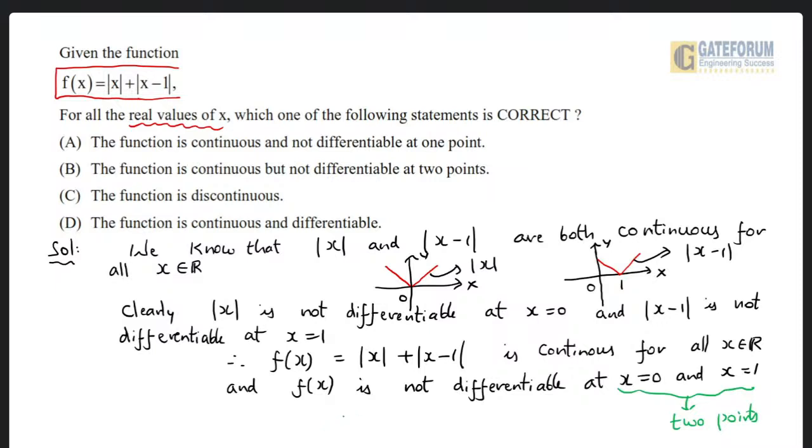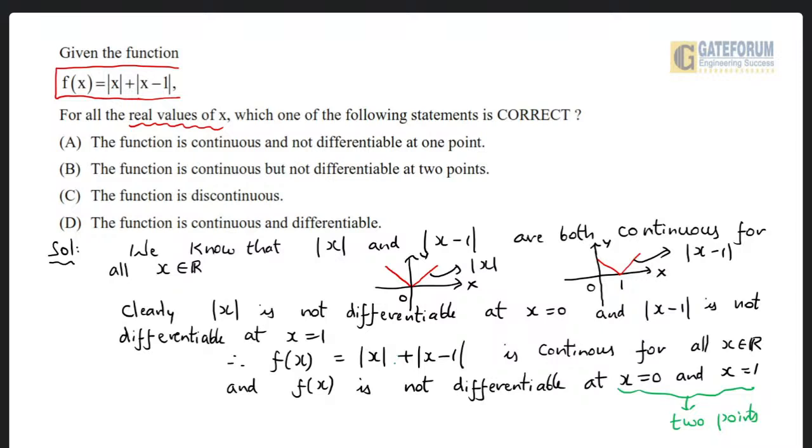Or you can do it by the mathematical analytical method also, without the graph. f of x is equal to minus x minus of x minus 1 when x less than 0. f x is equal to plus x minus of x minus 1 when 0 less than x less than 1. f x is equal to x plus x minus 1 when x greater than 1.